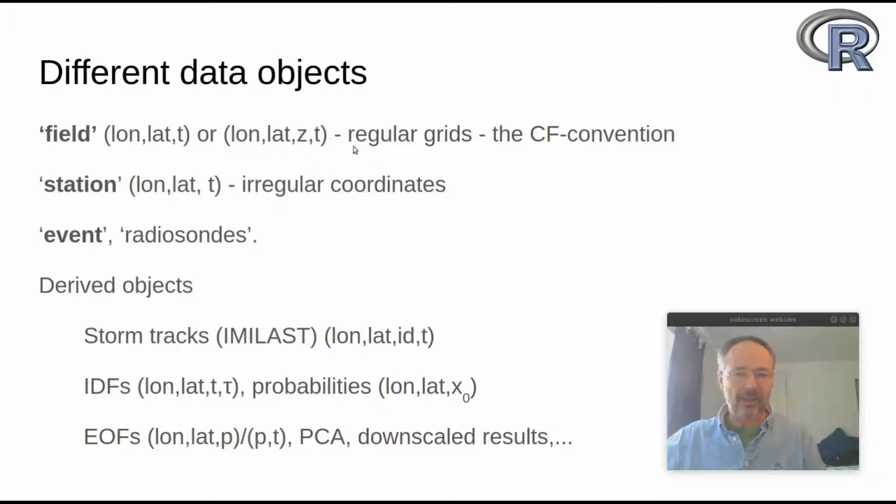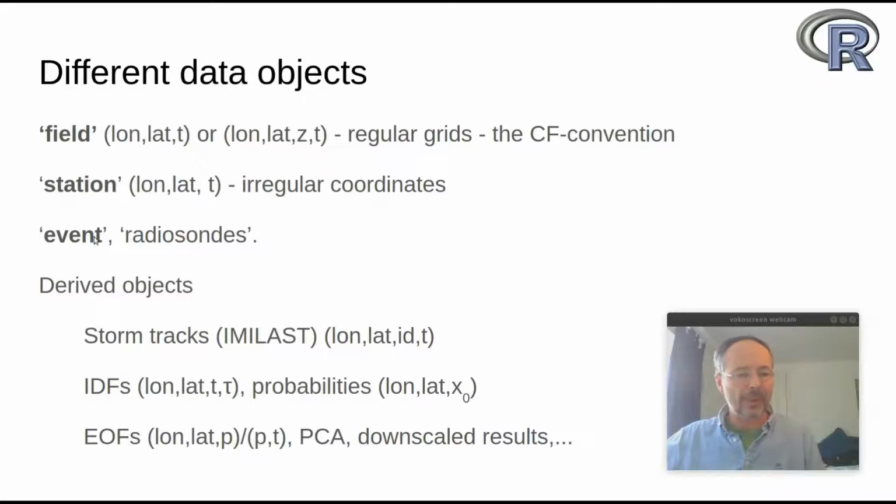It's stored in regular grids, and we can make this follow the CF convention in memory as well. Then we have a station object, which has longitude and latitude, or we can have many stations in one object, and also time. The longitudes and latitudes are not regular, so the coordinates are irregular.